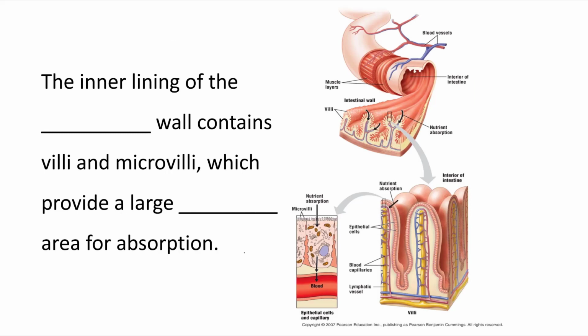This absorption happens in the inner lining of the intestinal wall. There are these projections known as villi and microvilli, which provide a large surface area for absorption. And it's remarkable, these little projections on the wall of the intestines have a surface area equal to that of a tennis court.